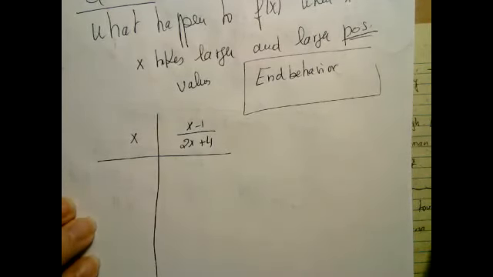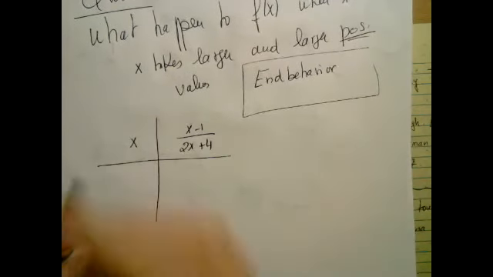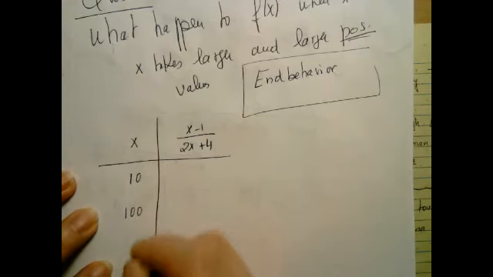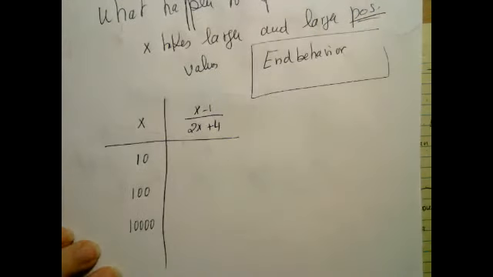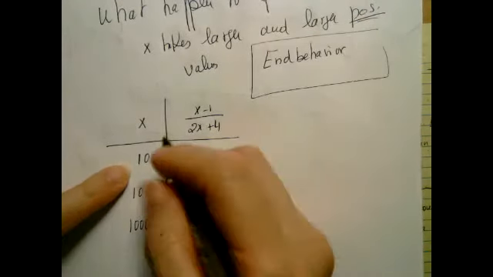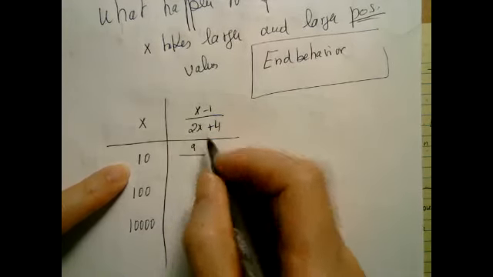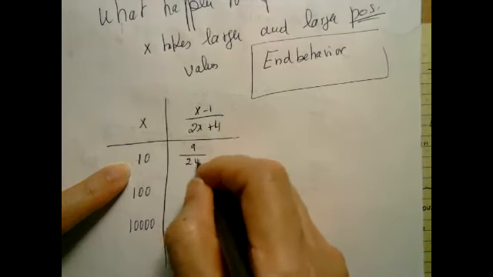Let's take 10, for example. Let's take 100, a larger value. Let's take 10,000, and then we see what's really going on. At 10, the output is 10 minus 1, that's 9, over 20 plus 4, 24.